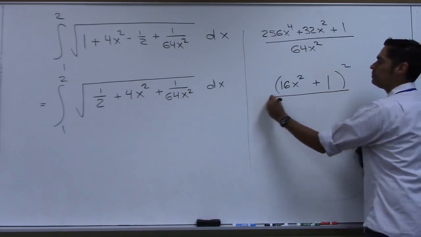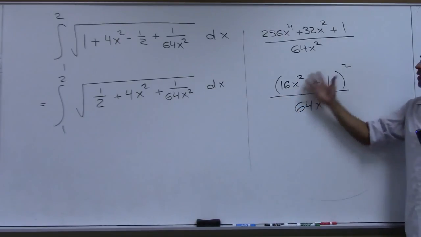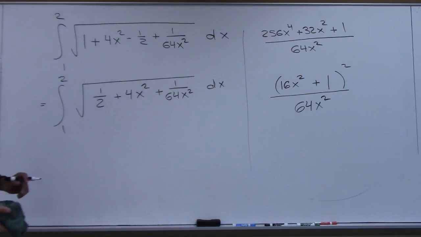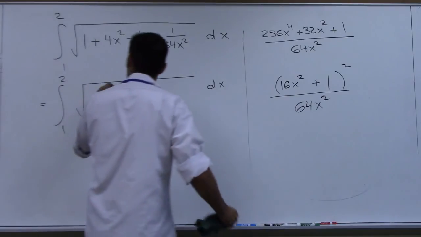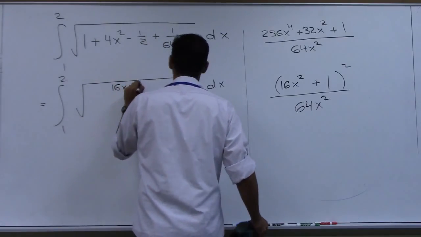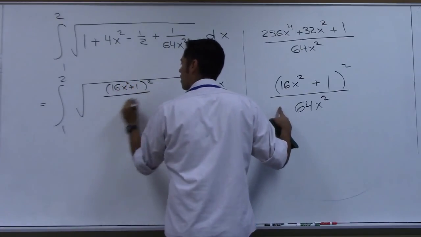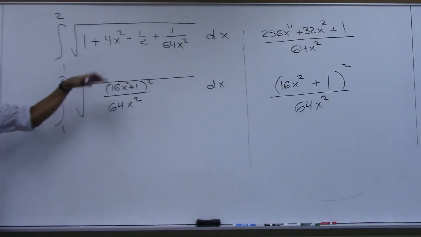All over 64x squared. But what does this whole thing live under over here? A square root. And that, I'm going to like that, because if all of this can be rewritten as 16x squared plus 1, squared over 64x squared, then I can take the square root of each one, right?